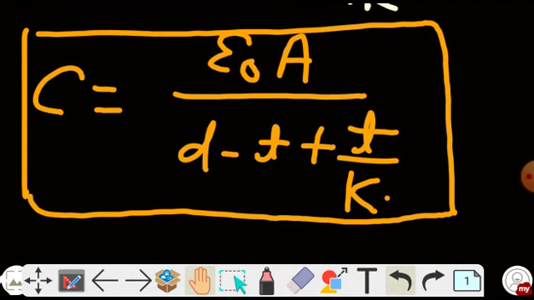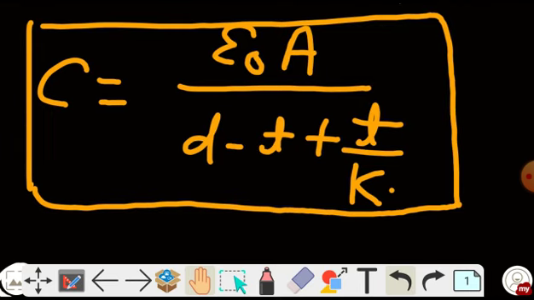So this is the capacitance of a parallel plate capacitor when a dielectric of dielectric constant K partially fills a thickness T between the plates. Clear? You must remember this formula. It is very useful for numericals. It is simple: epsilon naught A divided by D minus T plus T by K.